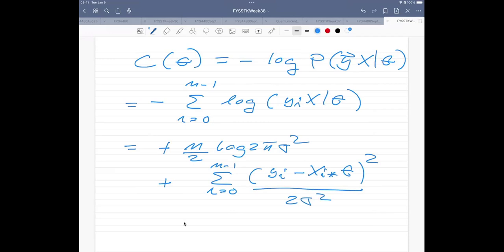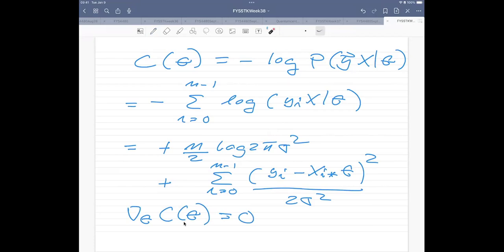And you've seen that before. So if I now take the derivative of this function, d theta of c of theta, and drive that to 0, you see then that this parameter here is independent of the theta.